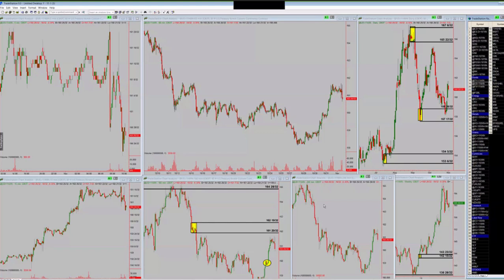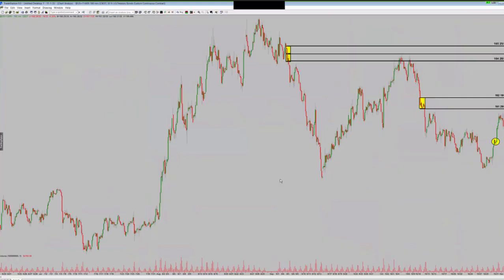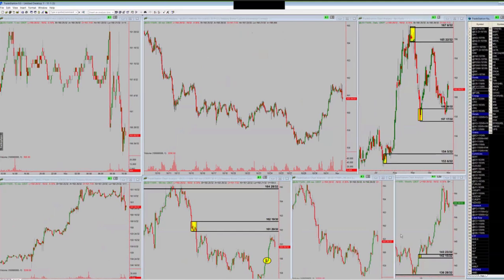All right, let's look at the bond market. Let's start with the 30-year, and we're going to look at this time frame right here. I have a short position on in this market, and I can walk you through that one specifically.